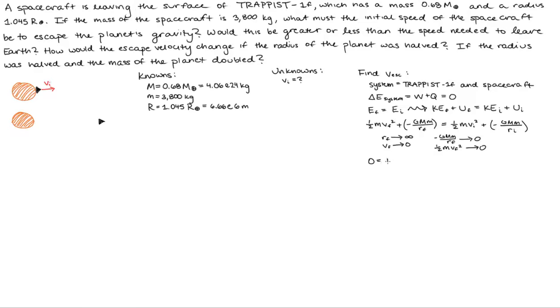This gives us 0 equals 1/2 m v initial squared minus G M m over r initial. Bringing the initial potential energy term over to the other side and multiplying both sides by 2 over m gives us v initial squared is equal to 2 over m times G M m over r initial.